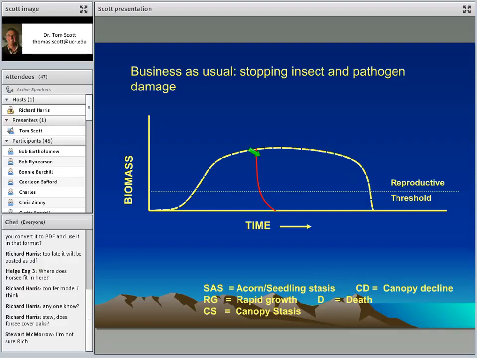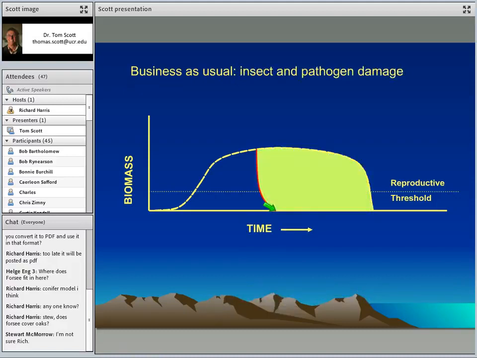If we imagine our idealized oak tree biomass over time, you have an incident where an insect or a pathogen attacks a tree and it rapidly declines and becomes dead. The red line represents our base business as usual, and we're going to calculate the difference between that area and this area in the green.